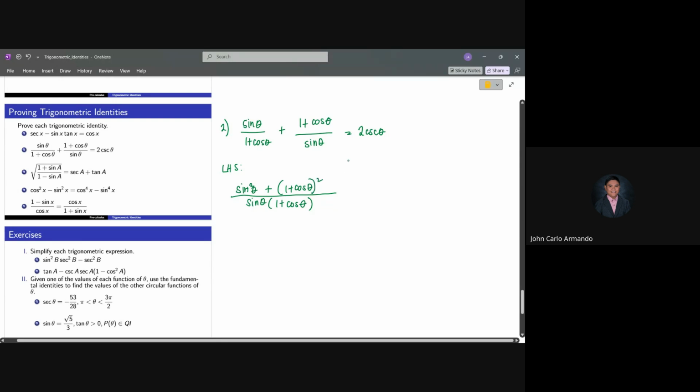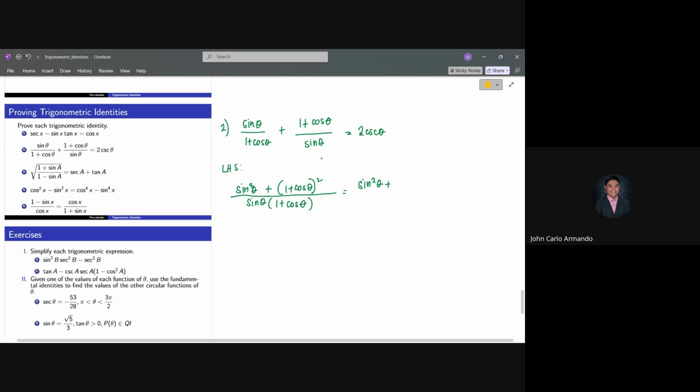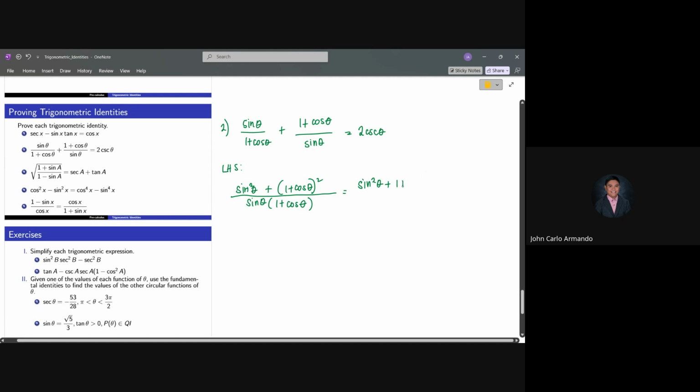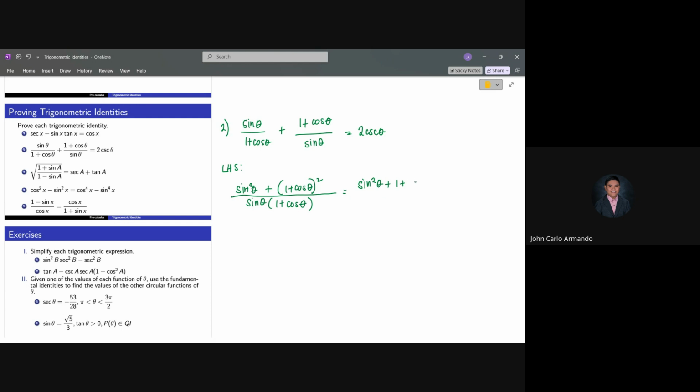Okay? And that is equivalent to sine squared theta plus, what is the expanded form of 1 plus cosine theta squared? So first, we square the 1. 1 times 1, that is 1, plus twice the product of the 2. 1 times cosine, that's cosine, times 2, 2 cosine.